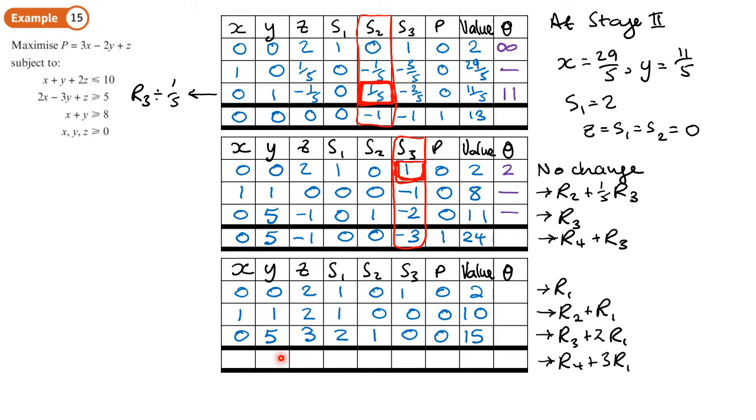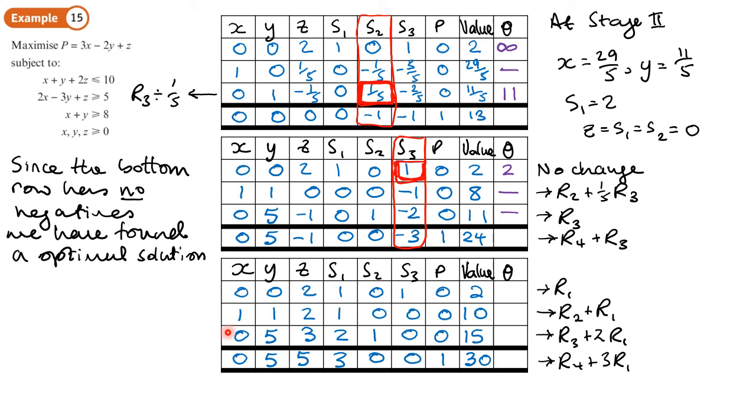And in our objective row down at the bottom here, once we've added 3 lots of row 1, we will have 0, 5, 5, 3, 0, 0, 1, 30. So now you can see there are no negatives in the bottom row. So we've reached an optimal solution.